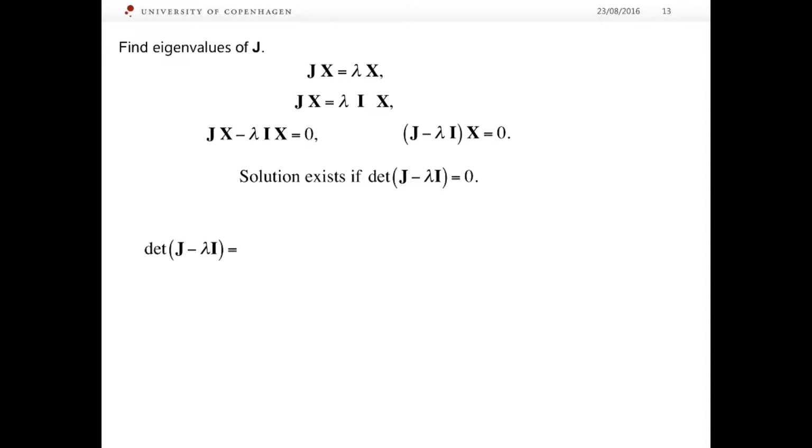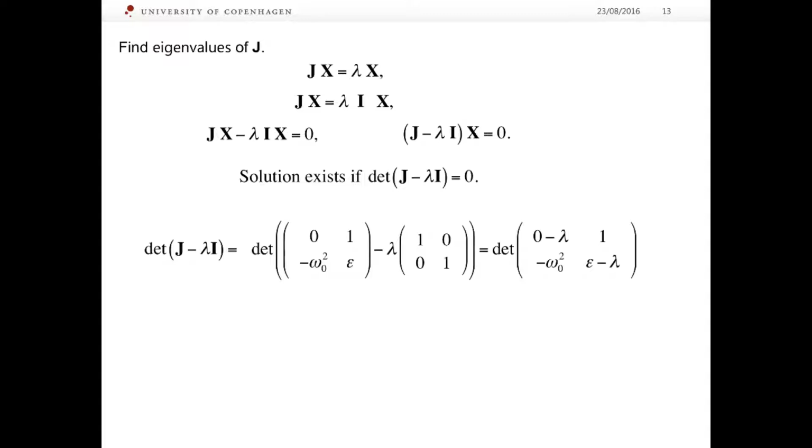So let us first of all find this determinant, and to do this, let us write out the linearization matrix J and the identity matrix I multiplied by the number lambda. By performing the matrix operation of subtraction, we end up with a single matrix whose determinant we need to find.